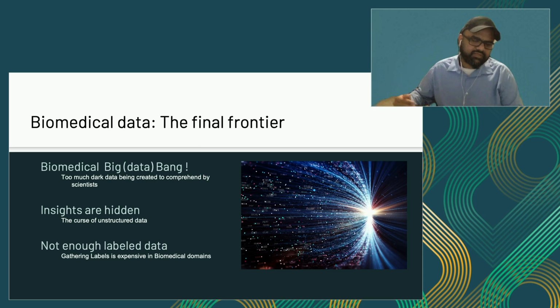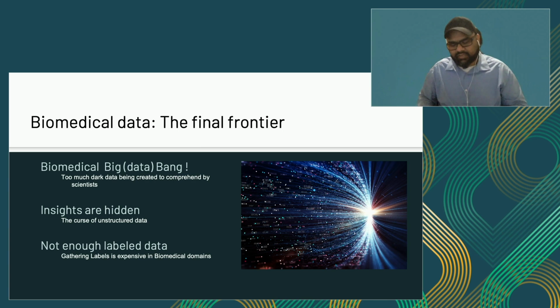But the downside is that a lot of the insights that can be derived from all of this data are still very much hidden. We like to say they're either unstructured, hidden, or siloed. That's why we call it dark data, where it's really outside the access of scientists who need the insights in a timely fashion to make use of all of this data.